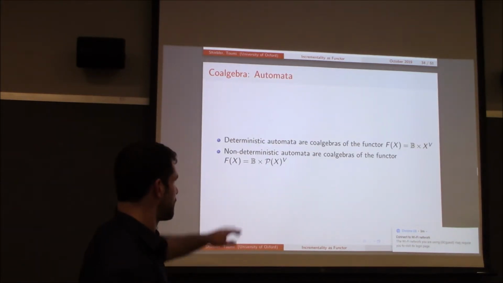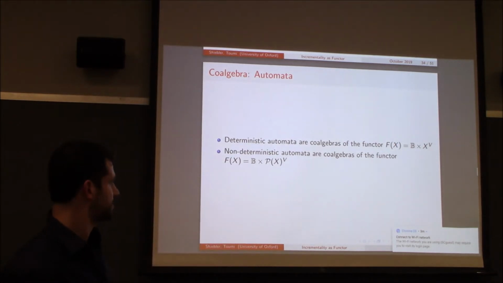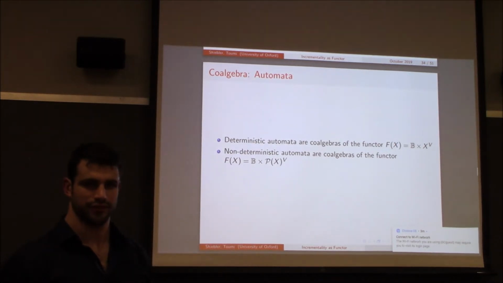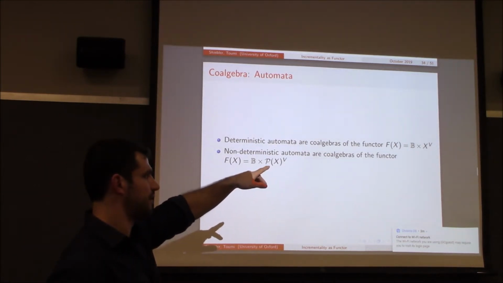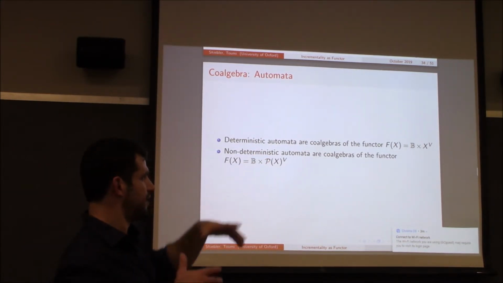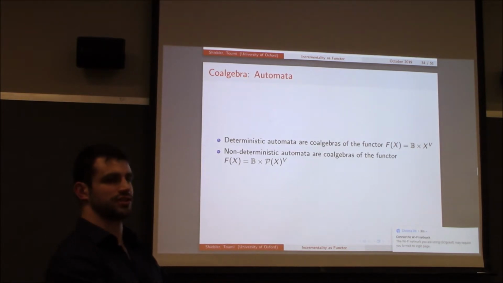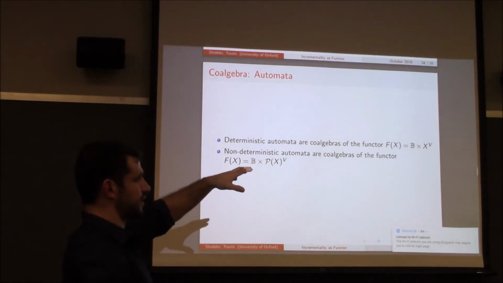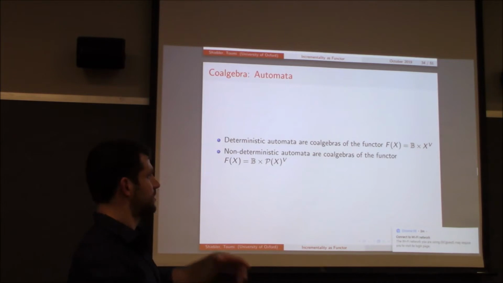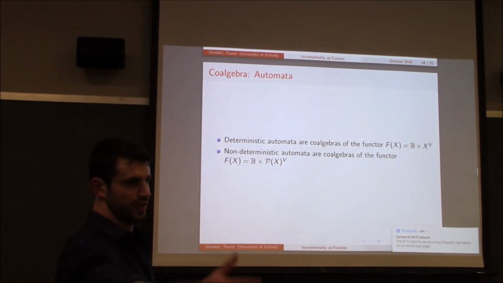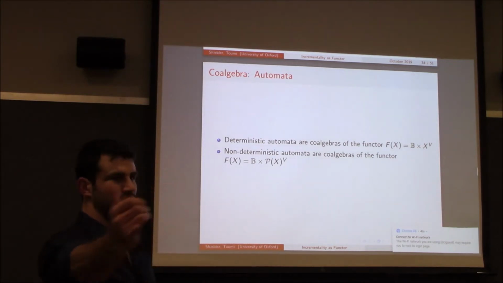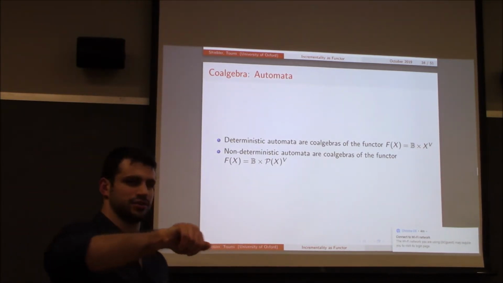We can represent deterministic automata and non-deterministic automata as coalgebras of these functors. A deterministic automaton is a function that accepts an element of the state set and maps it to a pair of a Boolean and a function from our vocabulary into the set of states.